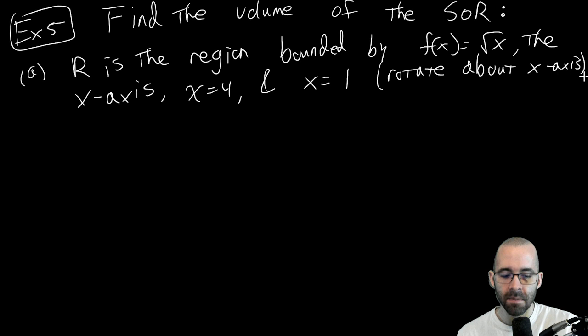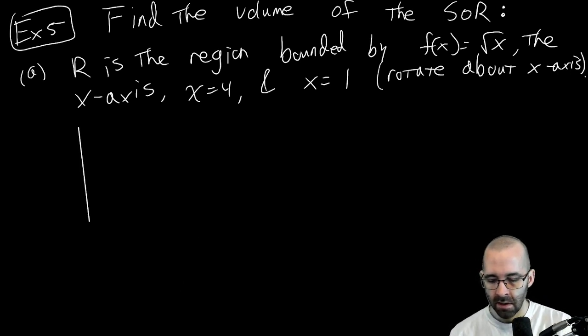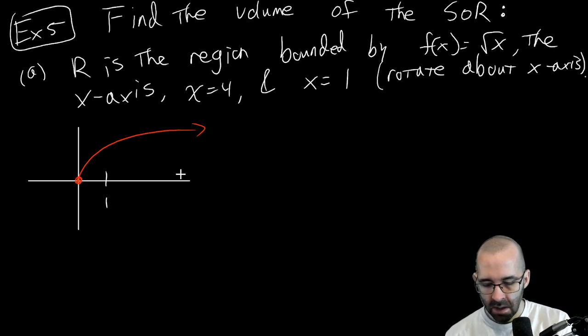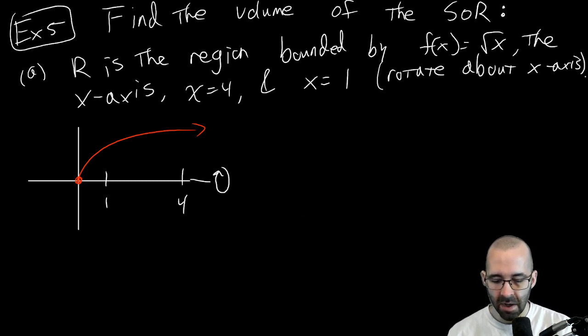We're going to draw our picture and see what happens. We're looking at square root of x, which looks like this. And we're starting at x equals 1, going to x equals 4, and we're rotating it about the x-axis. One of the ways that we can denote that is a little rotation like this.